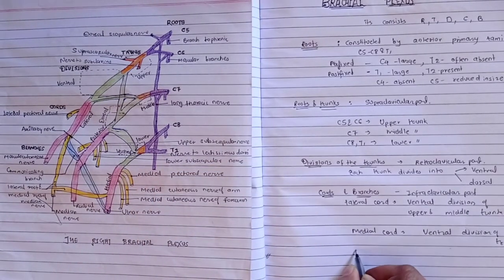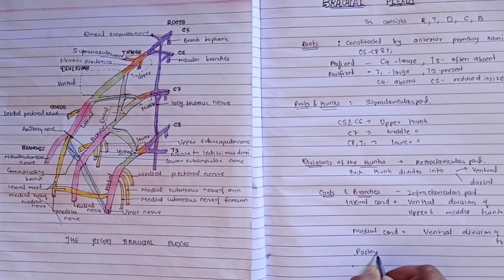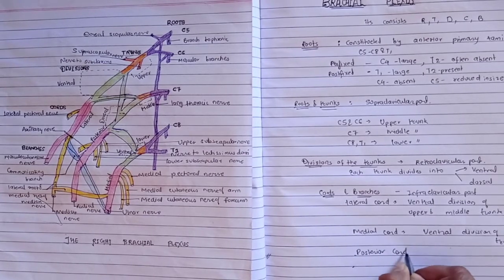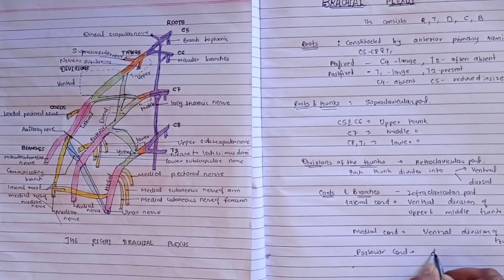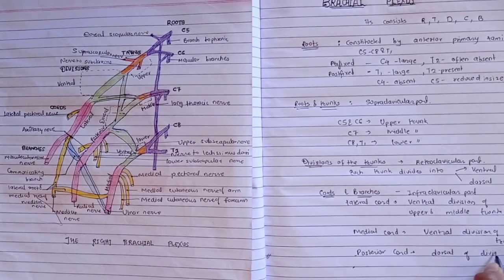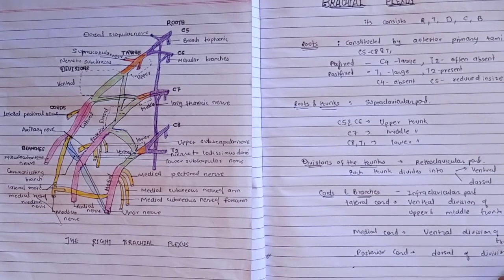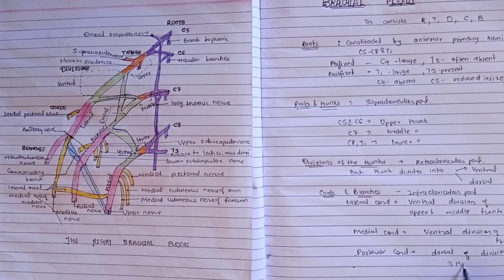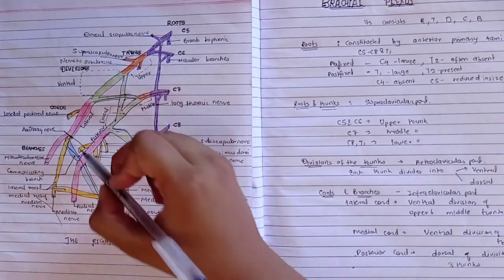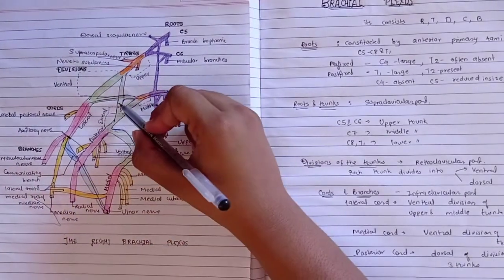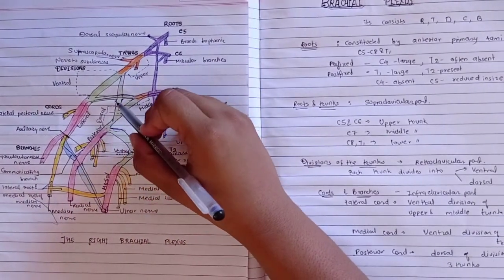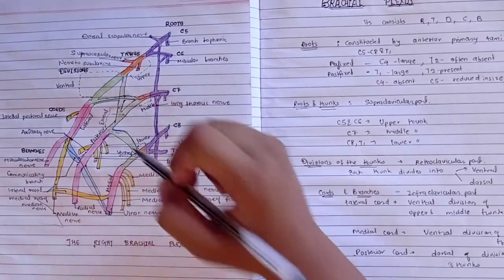And the third is the posterior cord, which is formed by the dorsal divisions of all three trunks, that is upper, middle and lower trunks.